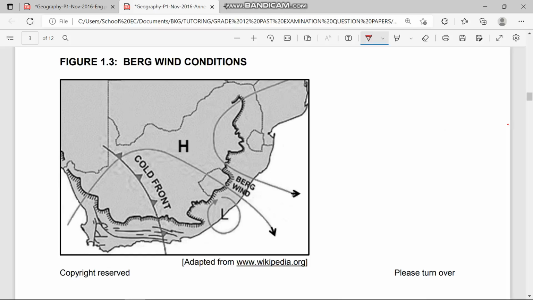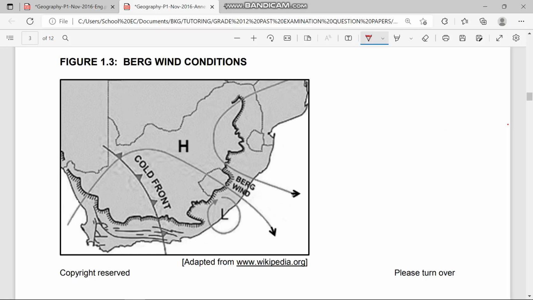If there is high pressure in the interior of South Africa, there is more subsiding air that heats adiabatically at 1 degree Celsius per 100 meters. So when this air reaches the surface of South Africa, it's very hot and dry.